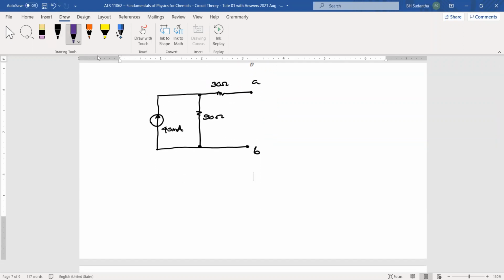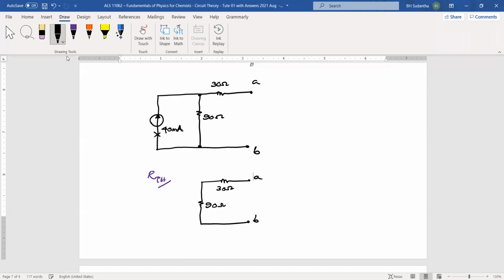Okay. Then we have to find RTH. To find RTH, we can draw this. We have to open circuit this one. We can remove this. Okay. Point A. This is 90 ohm.